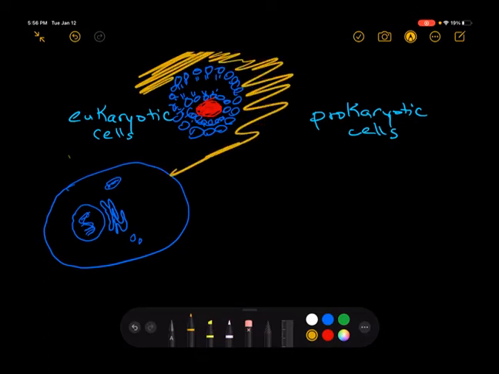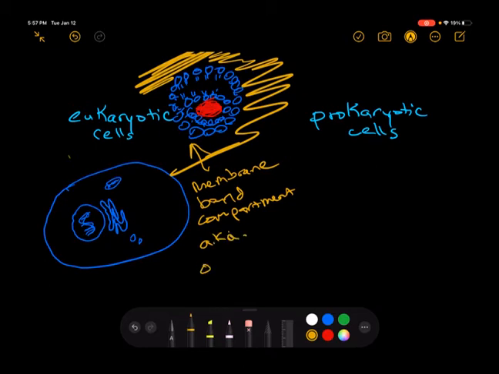So this is a compartment that is surrounded by its own membrane, a membrane-bound compartment. And we call most of these an organelle.